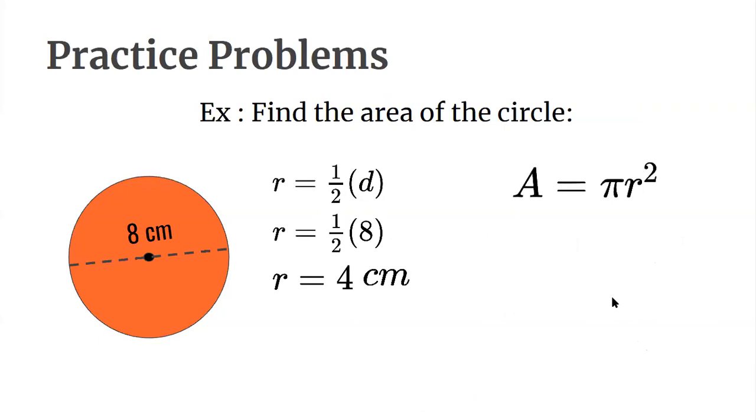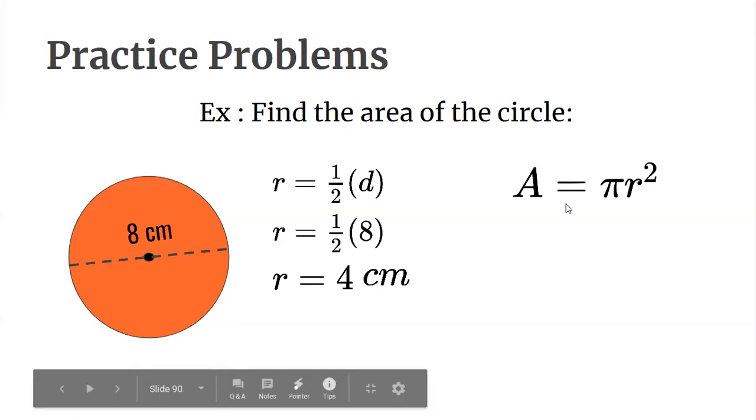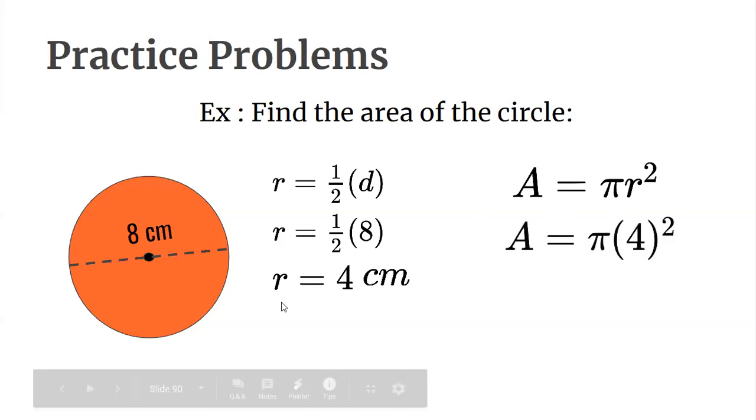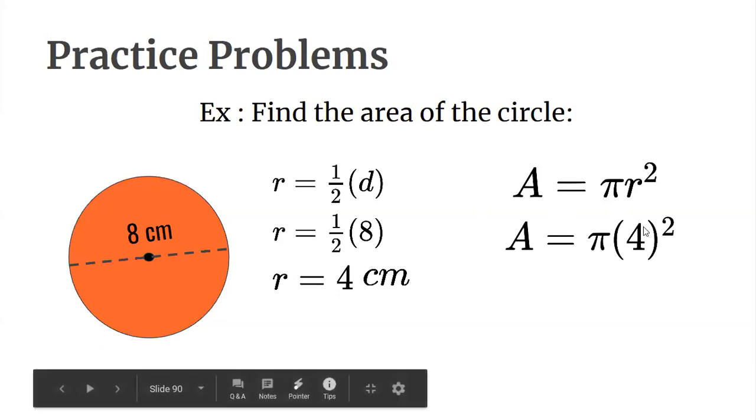Now for area, once you get the radius, you pretty much can solve everything. So let's do this. Write out the area of a circle formula: A equals pi r squared. You plug in the radius, which is 4, right here. So it's pi times 4 squared.